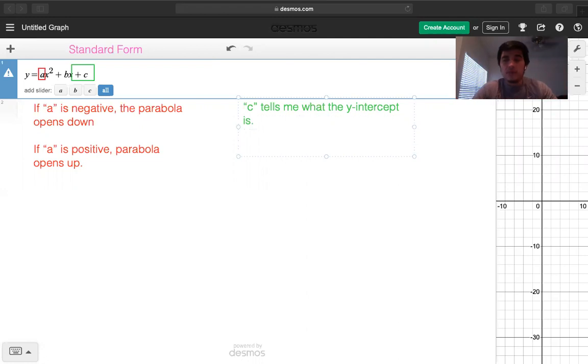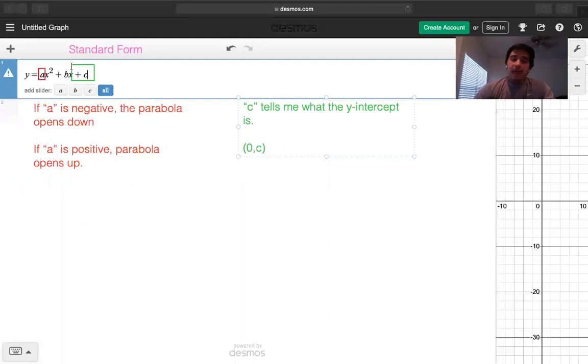So for example, the y-intercept on the graph is going to be the point 0, comma, whatever the value of C is. So let's say I had a +2 right there in the back. If I had a +2, my y-intercept would be 0, 2. If I had a -4, my y-intercept would be 0, -4, right? That's all the y-intercept is.